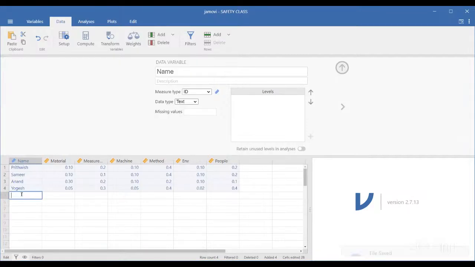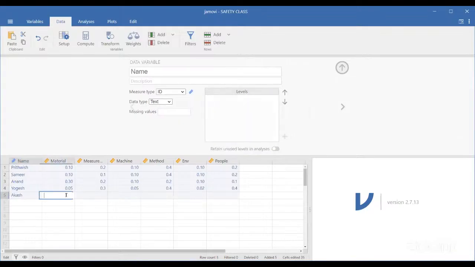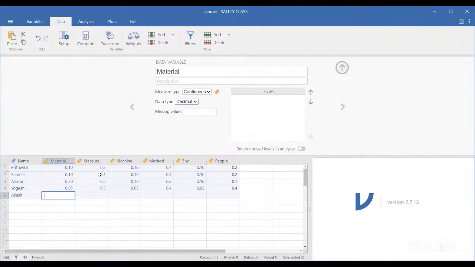Who is the next? Sir, Akash. Okay. Sir, material 0.1. Measurement is also 0.1.